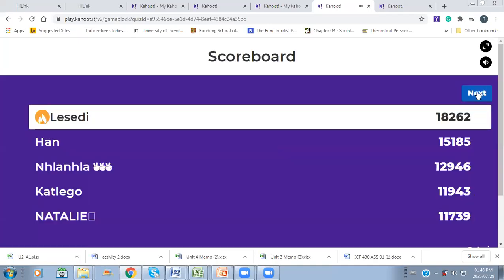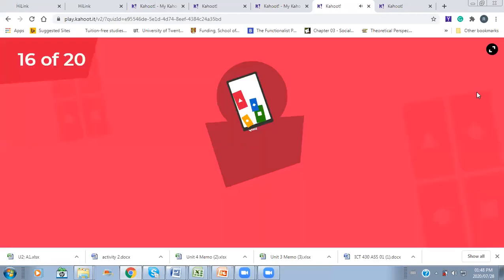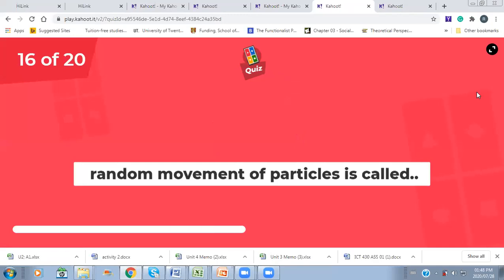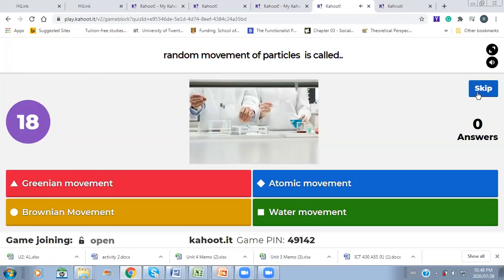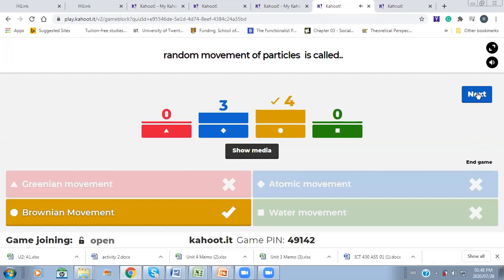The element, that's correct. 2 people got this one wrong. Let's go. The random movement of particles is called. All right, perfect.